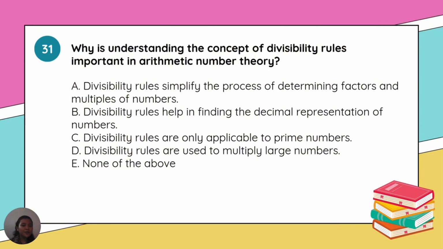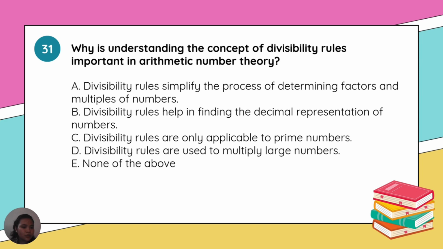Okay, so number 31. Why is understanding the concept of divisibility rules important in arithmetic number theory? A. Divisibility rules simplify the process of determining factors and multiples of numbers. B. Divisibility rules help in finding the decimal representation of numbers. C. Divisibility rules are only applicable to prime numbers.